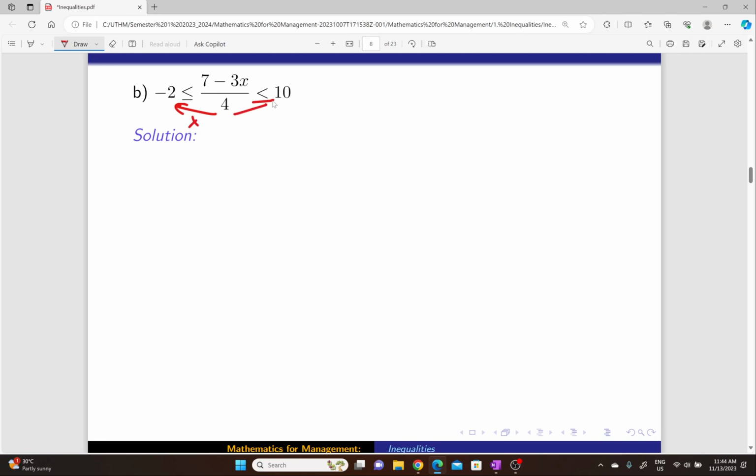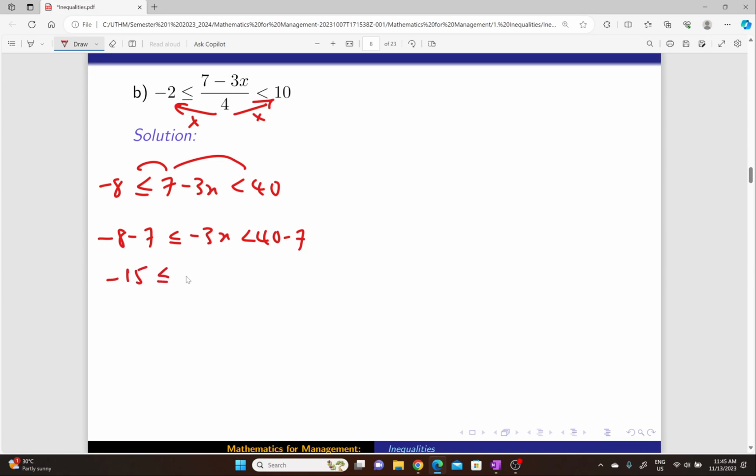This one, multiply here, you get negative 8, 40. Bring the number there. We don't want negative here, so change the sign.